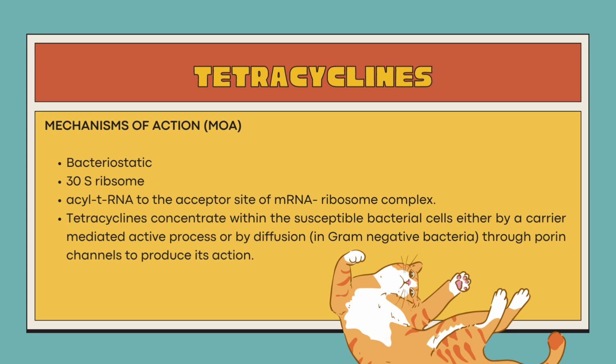The selective toxicity of tetracycline for the microbes is due to the absence of a carrier for active transport of tetracycline in the host cells and less sensitiveness of the host cell protein synthesizing apparatus. Microbial resistance to tetracycline is mainly due to decreased penetration of the drug into the previously susceptible organisms.